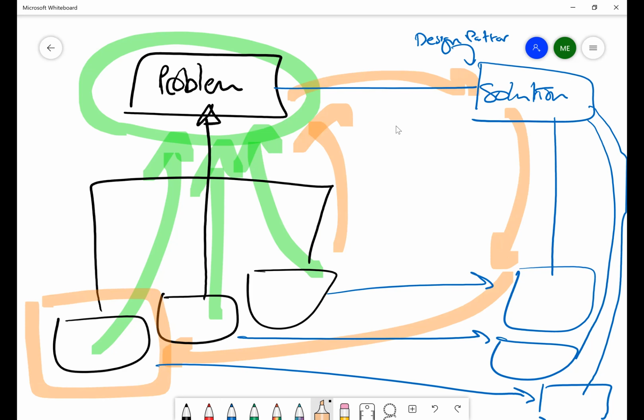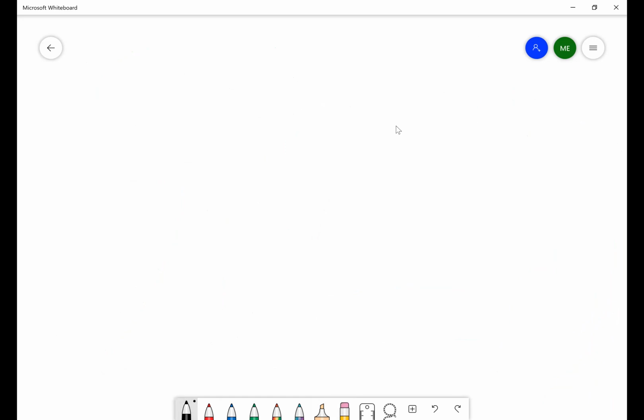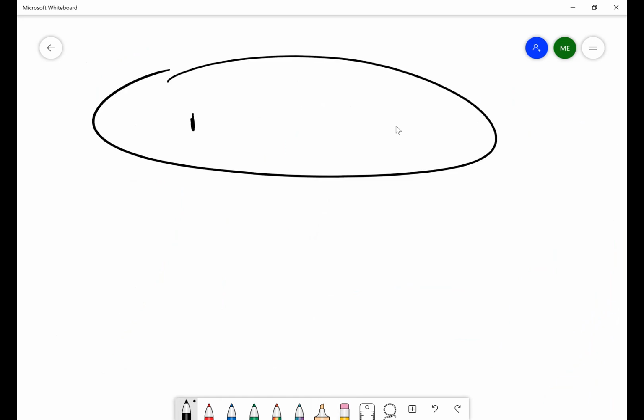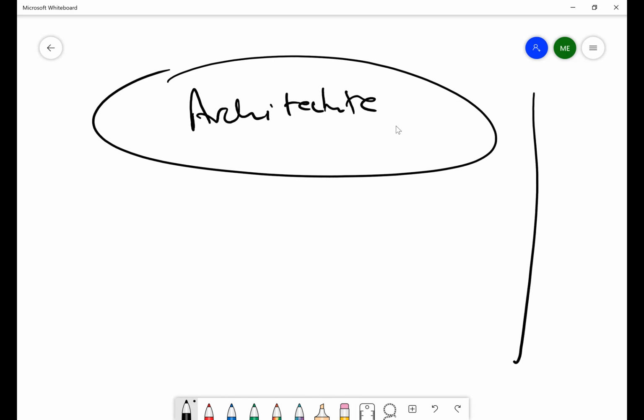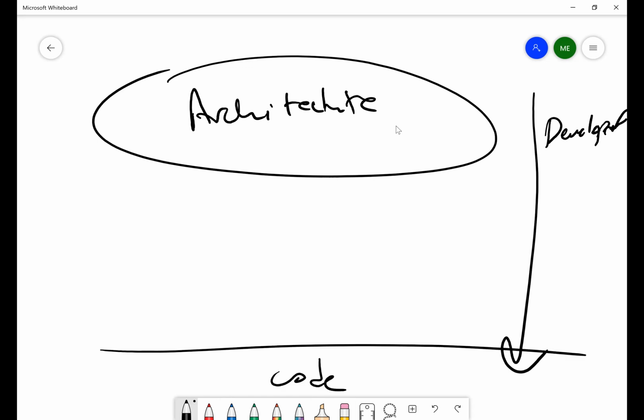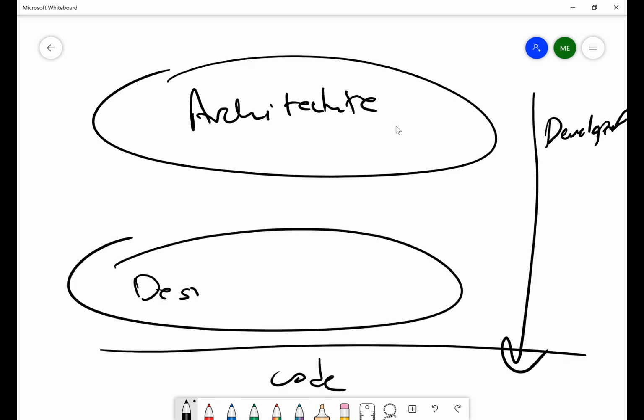I'm going to describe a situation, just like with architecture, but this time it's a little bit more specific. The difference between architecture and what we're doing in design patterns is that architecture was at this level. As we go down to development and get closer to code, design patterns tend to fall over here.